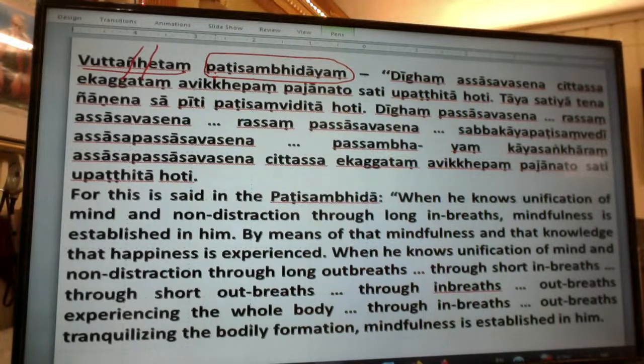Later we will learn that kind of Pali, Patisambhida. The Patisambhida explains many kinds of understanding which the Buddha used. So the Buddha mentioned that Pali in the Patisambhida, like this.